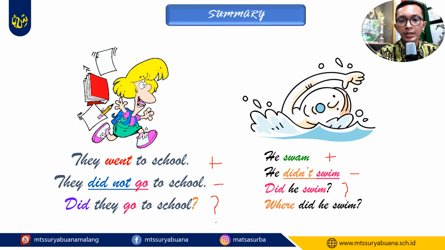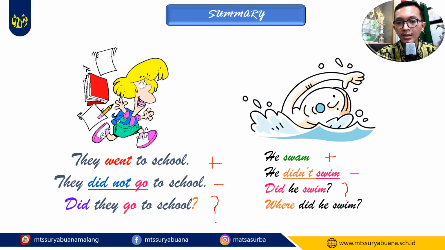Where did he swim? What is the difference between the third sentence and the fourth sentence? The first one, did he swim? This sentence needs a short answer: yes, he did, or no, he didn't. But in the last sentence, where did he swim?